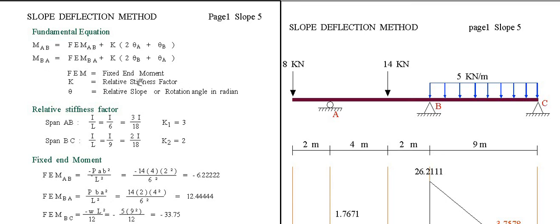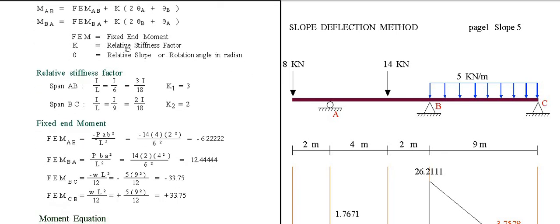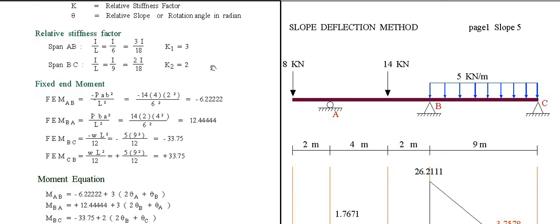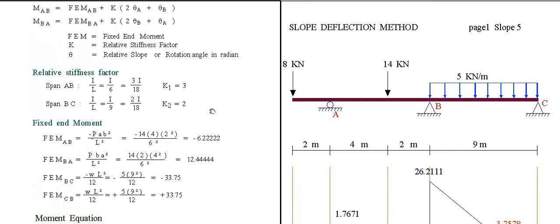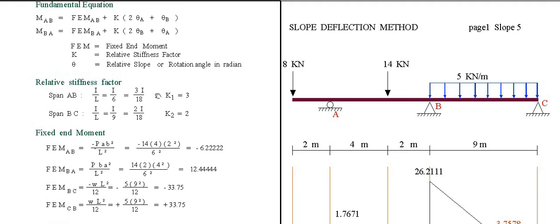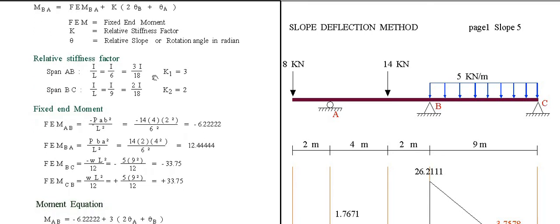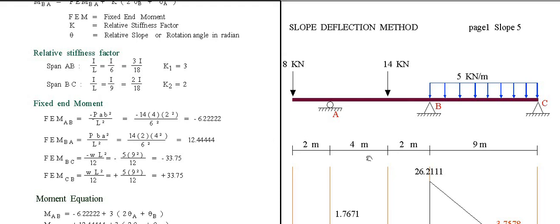Okay, definition of that variable. We have these three definitions. Okay, we need to determine the stiffness factor, this K. We have different span of 6 and 9 for the two spans.